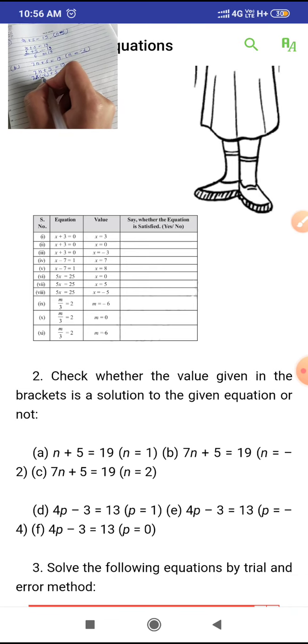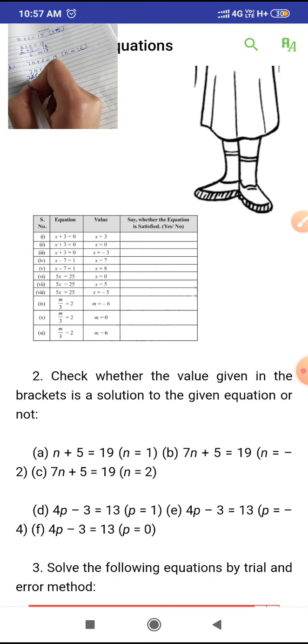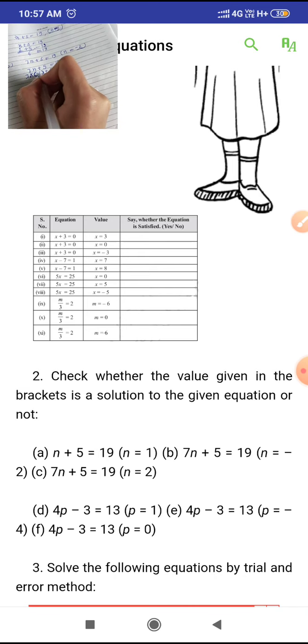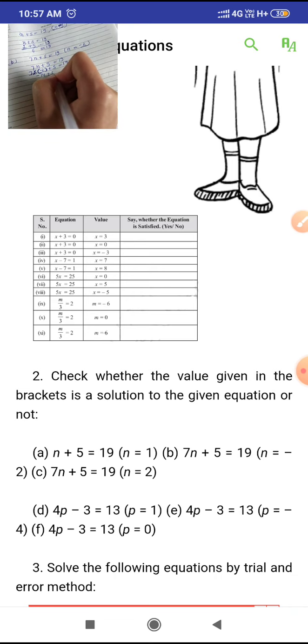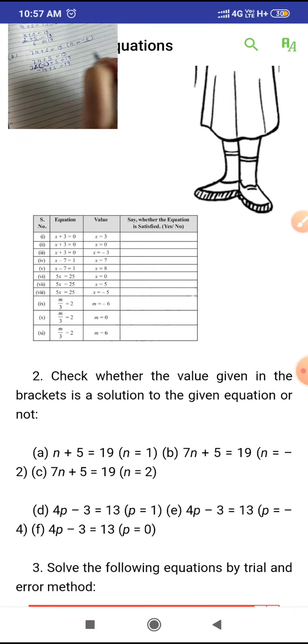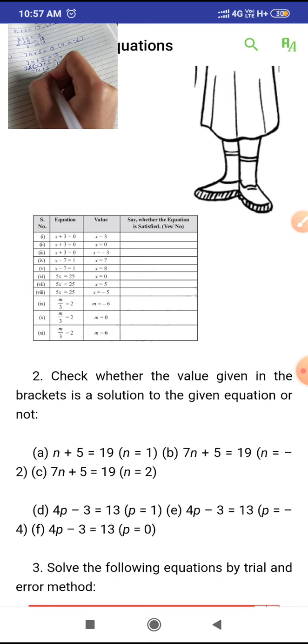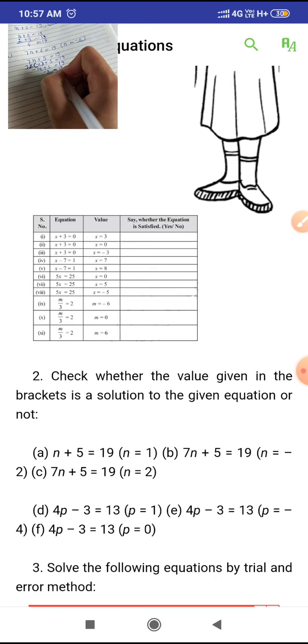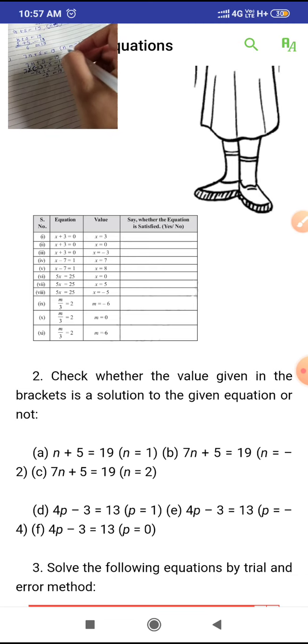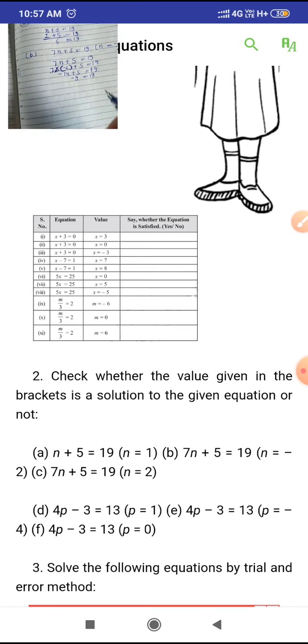When two signs come together, then you put your integer inside the bracket. So you have 7 multiplied by minus 2, and you have minus 14 plus 5 is equal to 19, and you have minus 9 is equal to 19. It cannot be possible, so it is also not a solution of the given equation.